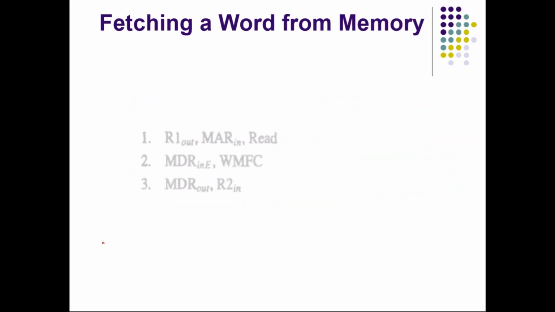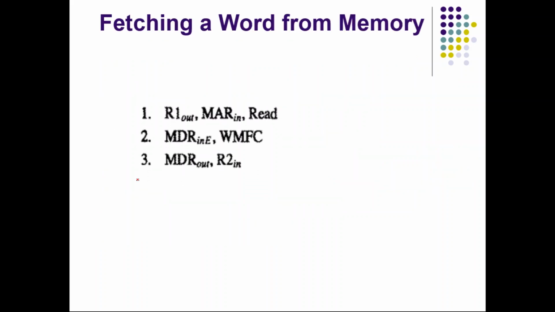If you recall the instruction, it is move (R1), R2: R1 represents the memory location, and the content should be moved to R2. So in the first clock cycle, what we are doing is R1 out, MAR in and read.